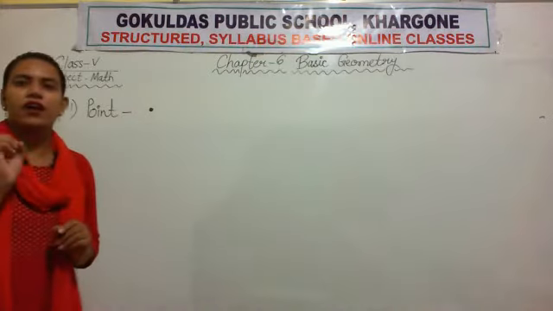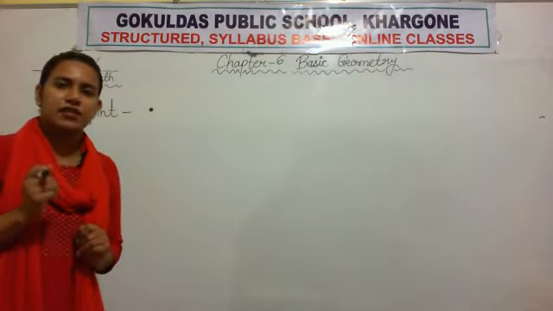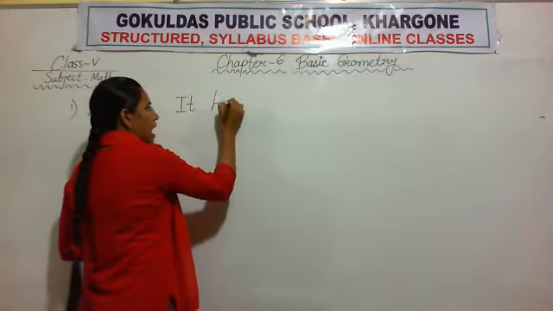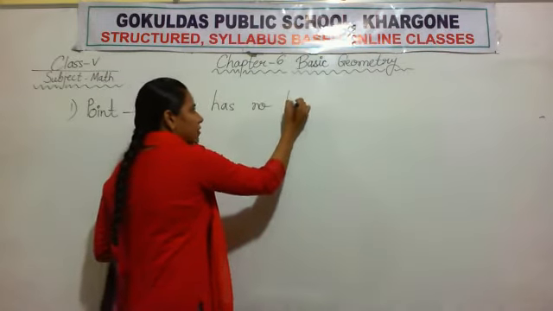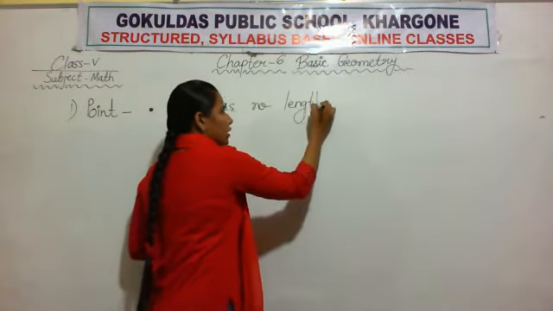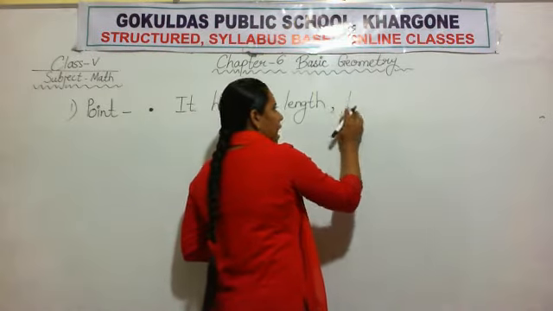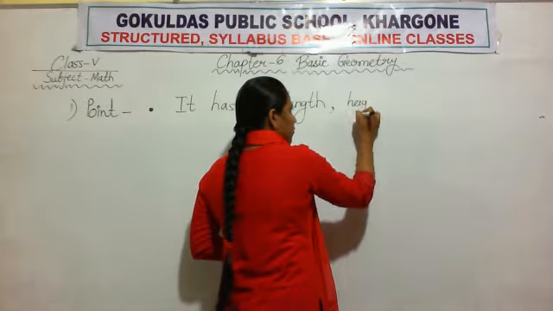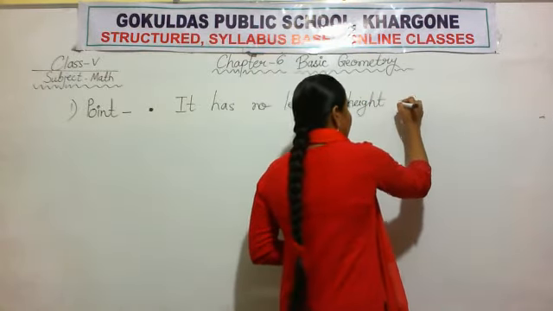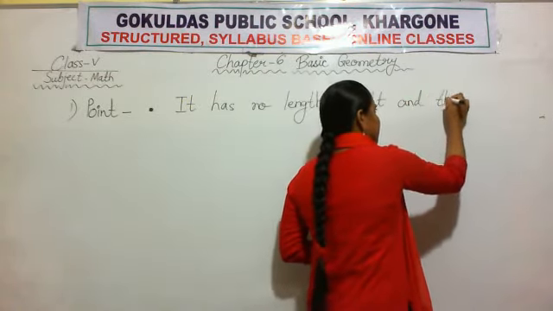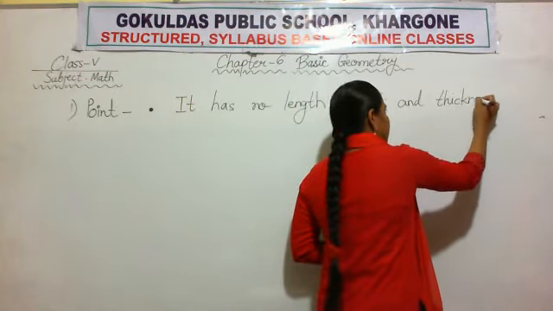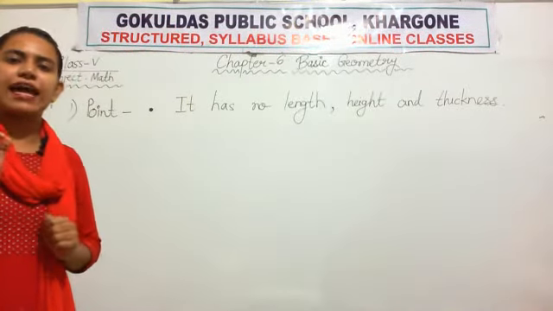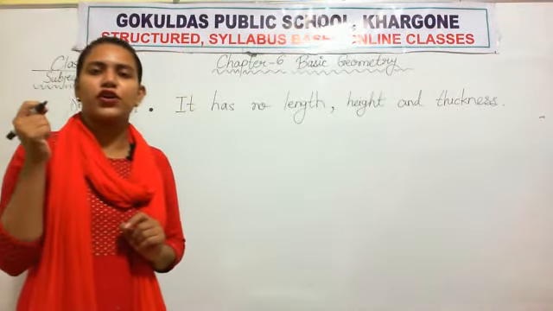Point is just a dot. What is a point? A point is just a dot. It has no length, height and thickness. It is simple, just a dot.